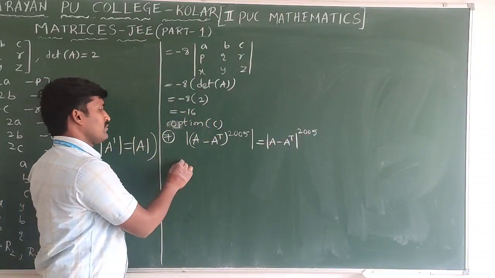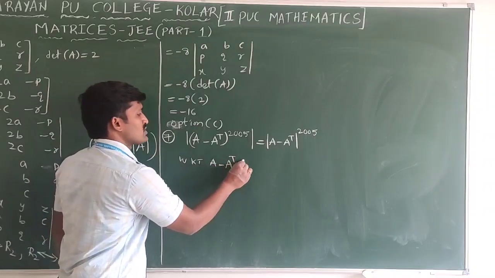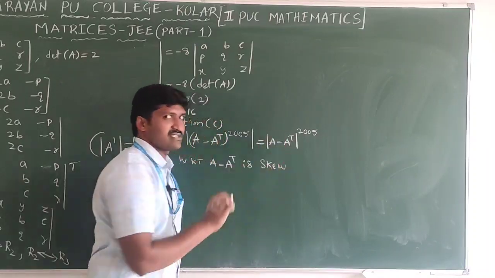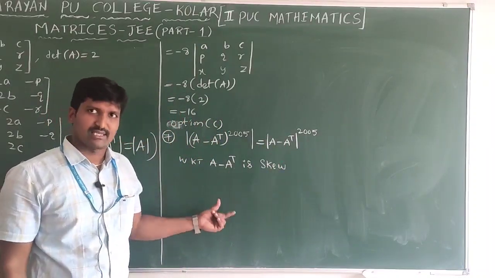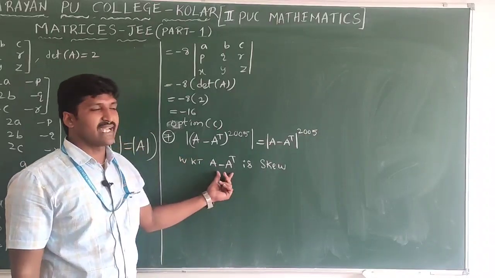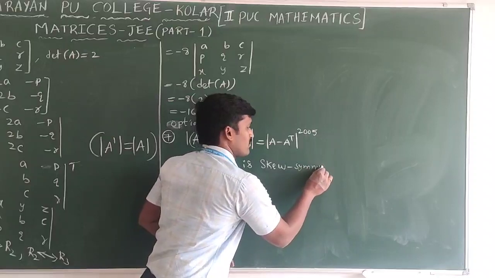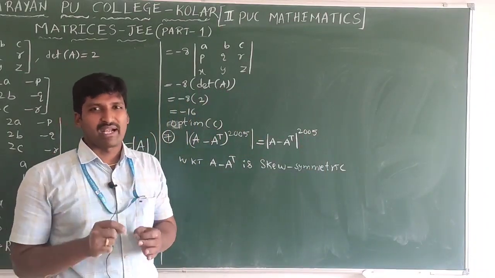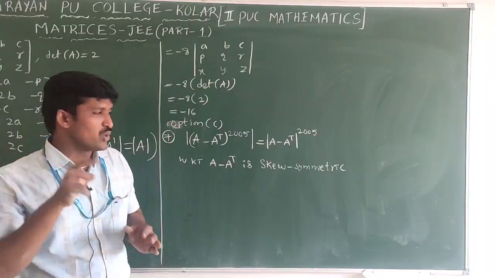Here clearly we know that A minus A transpose is always a skew symmetric matrix. For every square matrix, A plus A transpose is symmetric, A minus A transpose is skew symmetric. For a skew symmetric matrix of third order, the value of the determinant is 0.